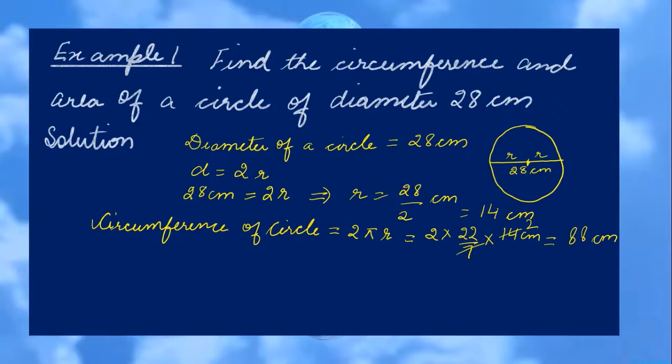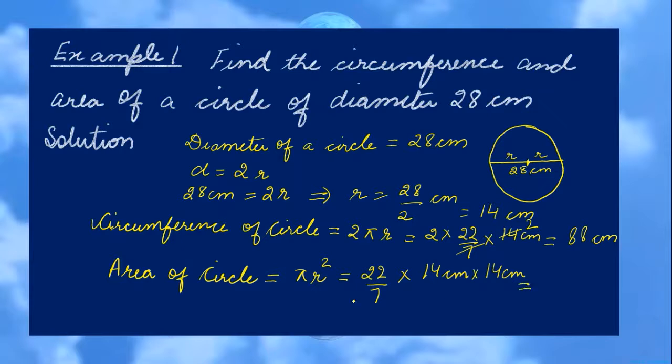Okay, now we want to find out the area of circle. So area of circle, the formula is pi r square. Value of pi is 22 by 7 multiplied by r, that is radius is given to be 14 centimeter, multiplied by 14 centimeter. 7 2 times, so 22 into 2, it is 44, and 44 into 14, how much it is?